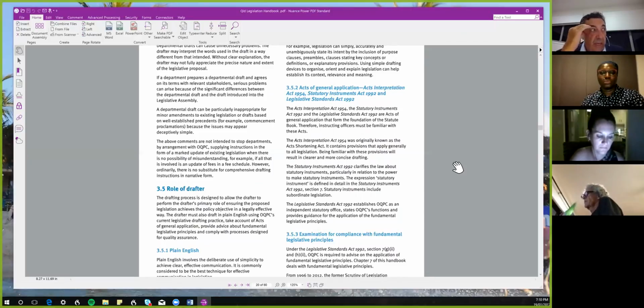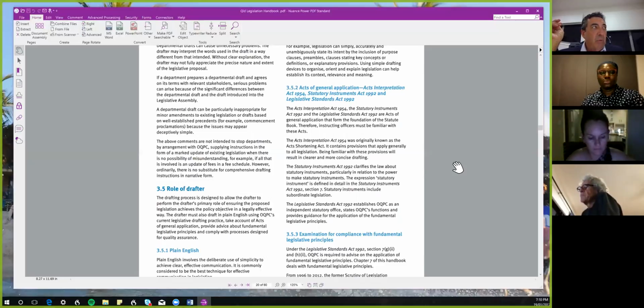The Acts Interpretation Act 1954 (Queensland), of course, the Statutory Instruments Act 1992, and the Legislative Standards Act 1992. So we've talked about the Acts Interpretation Act, but we really haven't talked about the other 2.